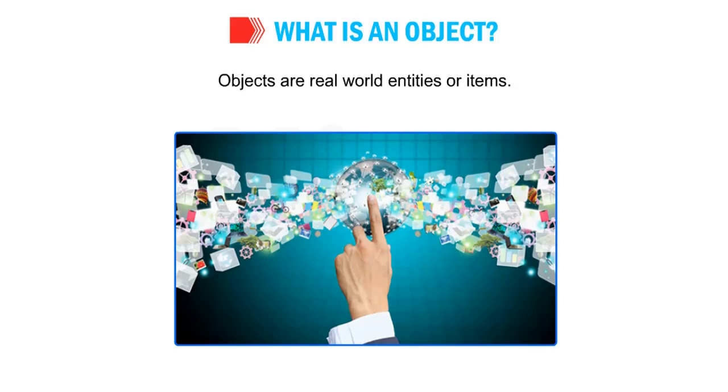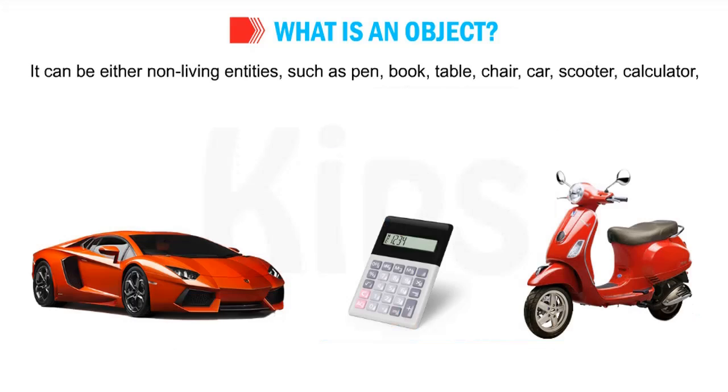It can be non-living entities such as pen, book, table, car, chair, scooter, calculator, phone and computer, and such things. Everything you can see in the world is an object, like table, fan, statue, laptop, mouse, book, pen.